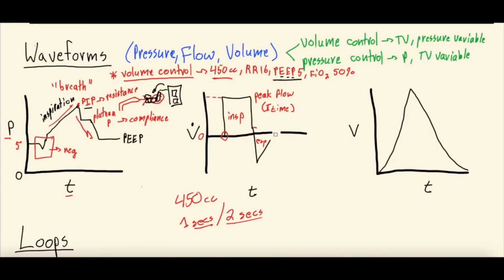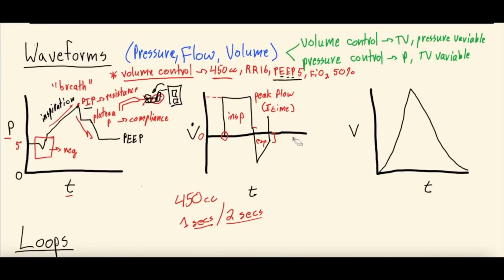We'll put the line back in. But let's just say it doesn't go back to 0 and then it starts another inspiratory breath. See how you're not at 0 yet? This can sometimes be suggestive of things like air trapping. Again, look for that video. We're going to be putting it out hopefully in the next week or so on how these waveforms change depending on different possible pathologies going on.